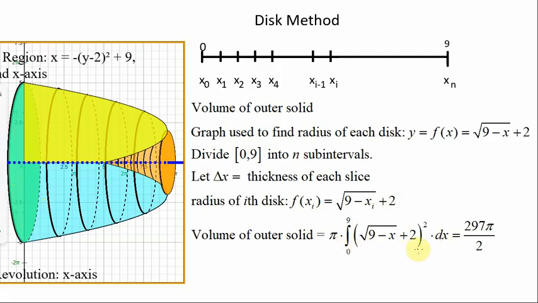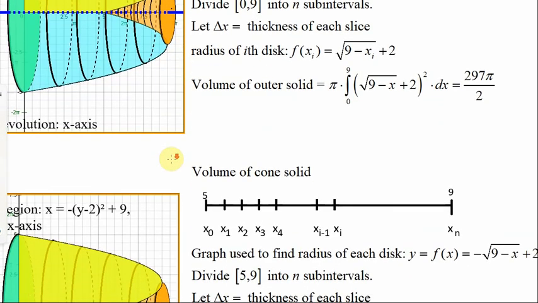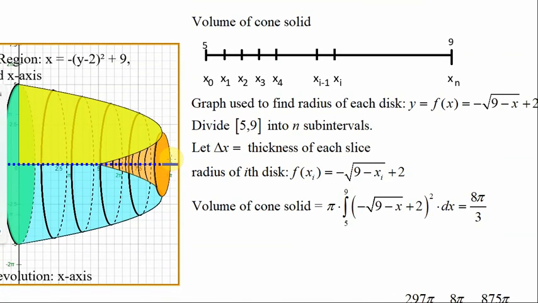And then evaluating this integral will give us 297 pi over 2. So this is the volume for the entire solid with the cone. And now let's find the volume of the cone. And so the cone starts at 5 and then goes all the way over here to 9.